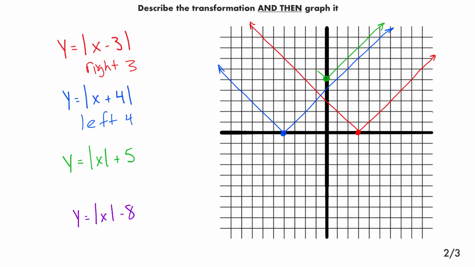And then that minus, the negative, is going to make me go down 8. And so this is what it's going to look like with linear transformations. Up 5, down 8.